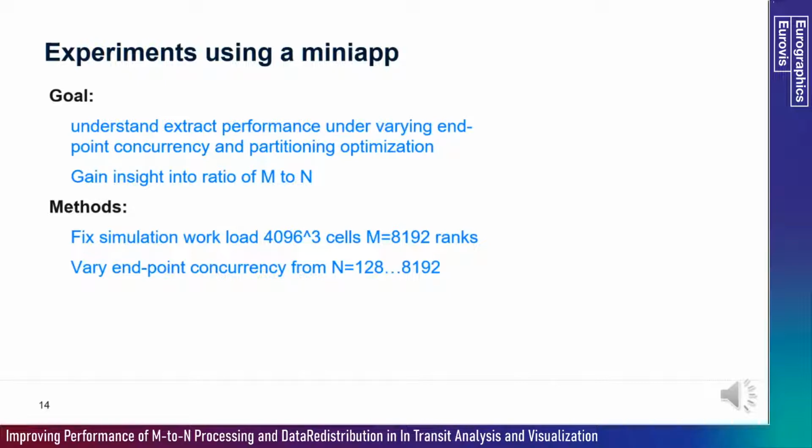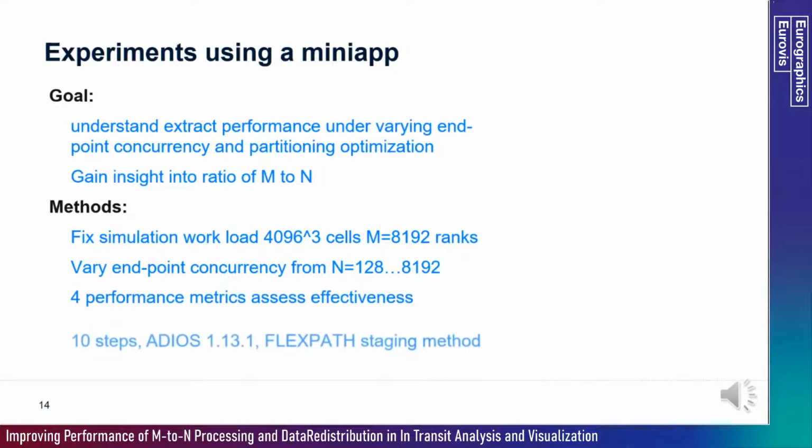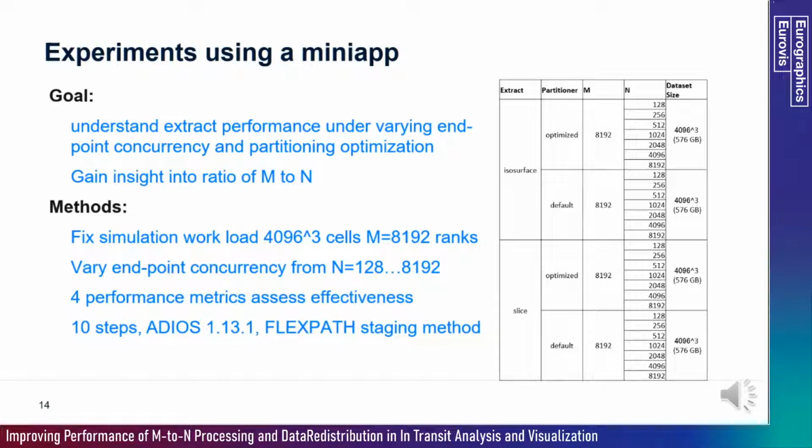We vary the endpoint concurrency from N equals 128 all the way up to N equals 8192 in power of 2 steps. During the runs, we measured 4 performance metrics to assess the effectiveness of the optimizations. The simulation is run for 10 time steps, and data movement is done by the ADIOS 1.13.1 FlexPath staging method. The table on the right shows the matrix of runs that we made.